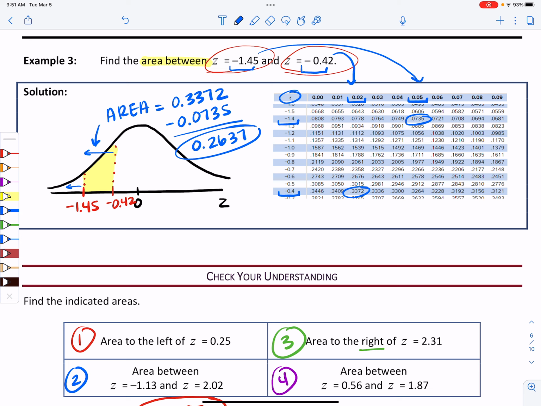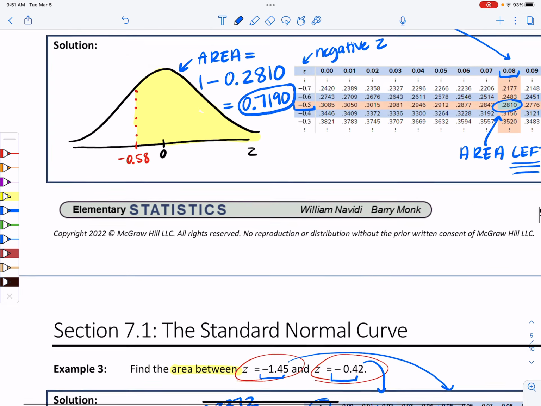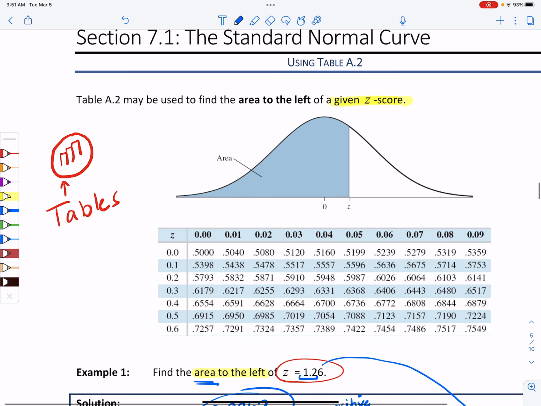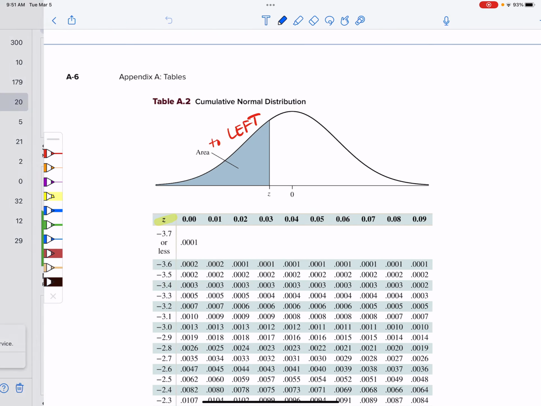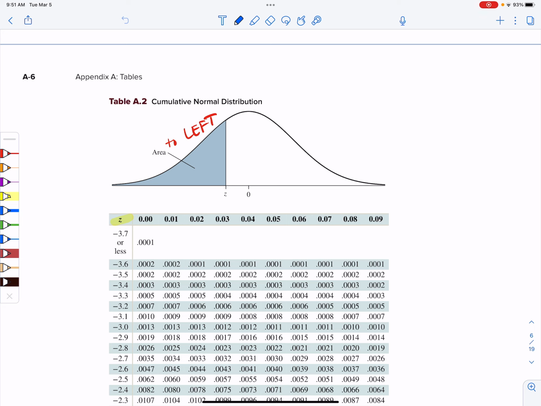If you don't have one already downloaded, then just go to Alex, open up one of your problems in section 7.1, and look for that button over there where the help tools are to open up your tables. That'll take you to your whole group of tables and you can find that cumulative normal distribution.